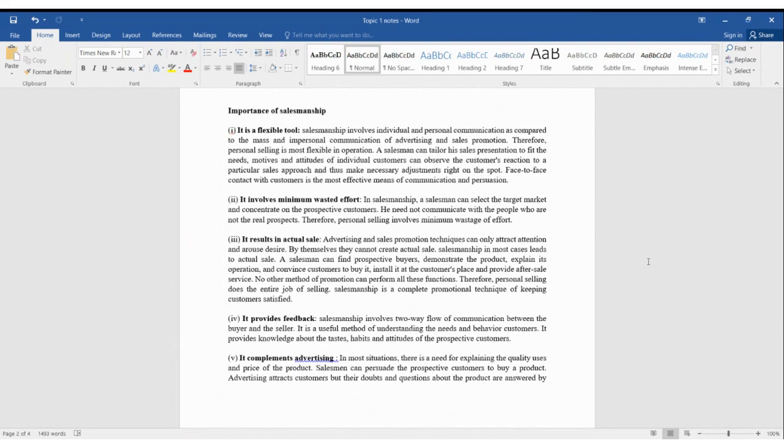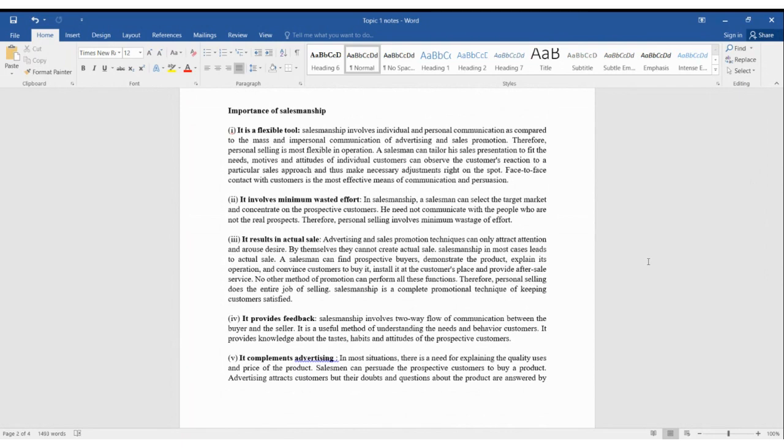What we mean by this is that the salesman is not restricted to a script on how to interact with prospects. He can communicate to them, he can do a demonstration, he can conduct a presentation. This operation is quite flexible depending on the situation.